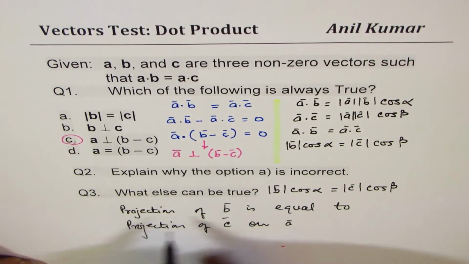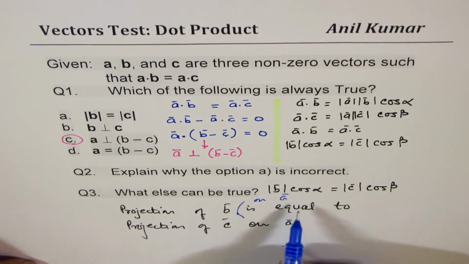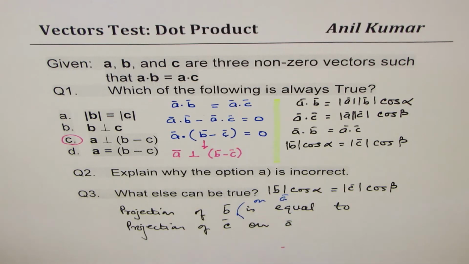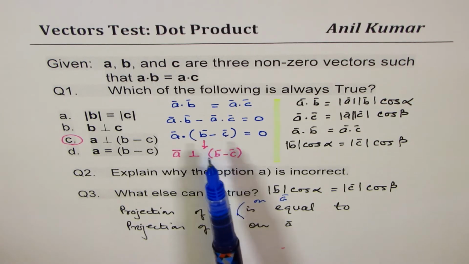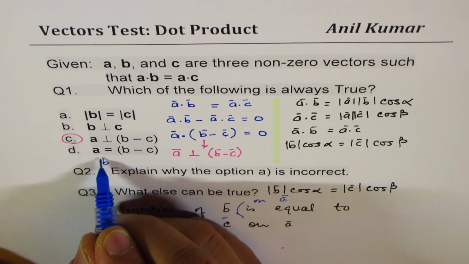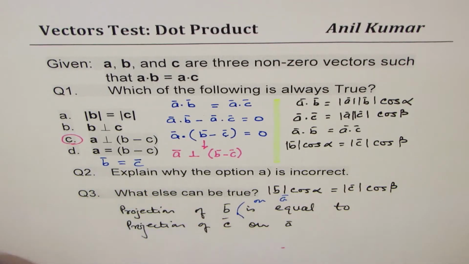I should have written projection of B on A is equal to projection of C on A. These are the projections of these vectors on A. If they are equal, then the dot products will be equal, correct? Now this criterion also gives you an option, that is to say that vector B is equal to vector C, right? So there are a couple of options which you could have given.